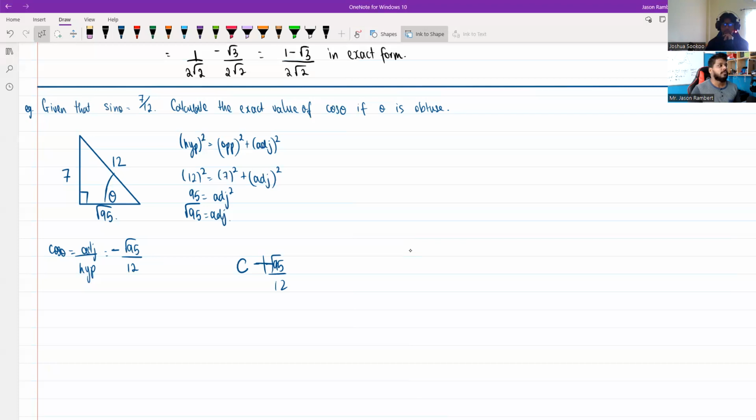It will give you theta, which is sine inverse of 7 on 12, as a fraction, and it will also give you cosine of theta as a fraction.